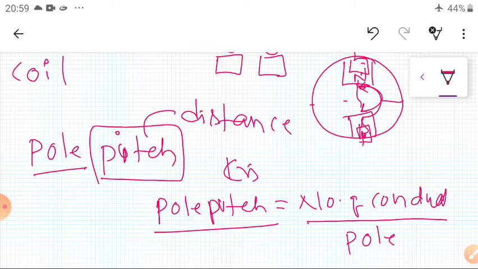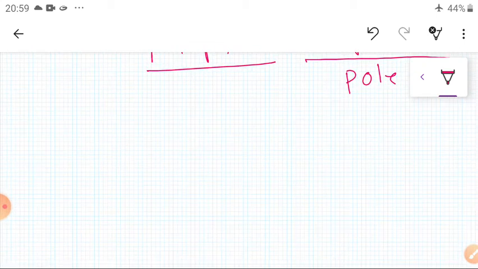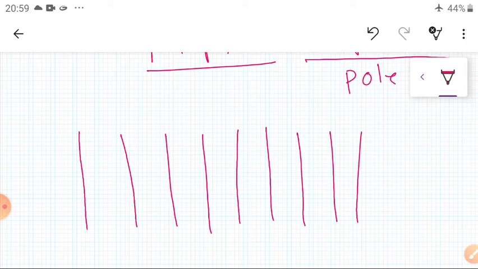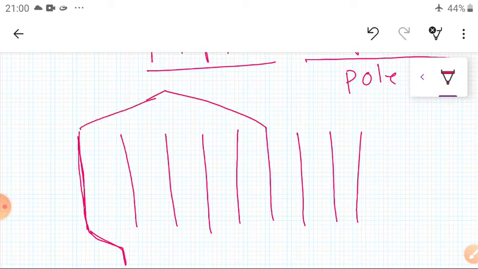Now here, for example, if we take the slots, suppose this is one coil, one conductor, another conductor, and so on. Take one example here. Each conductor is placed in the first slot, and it is connected to another slot.